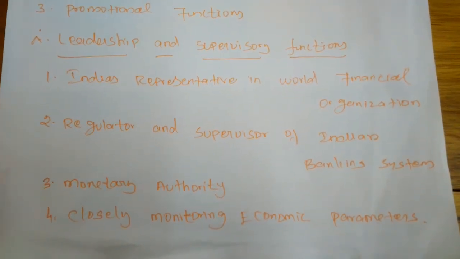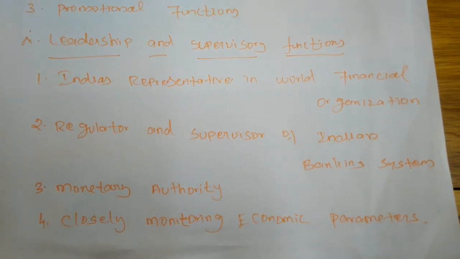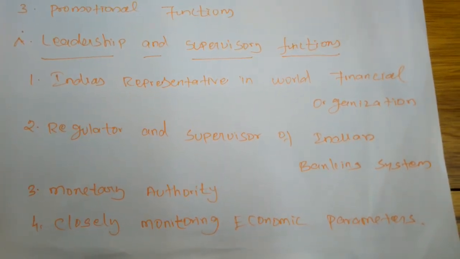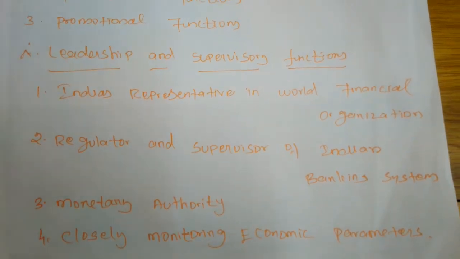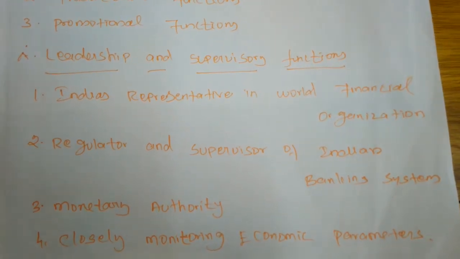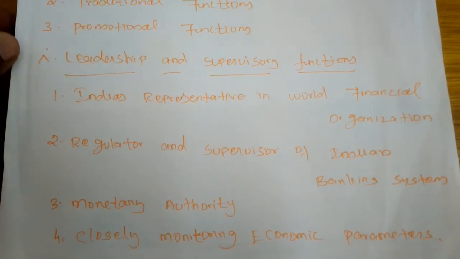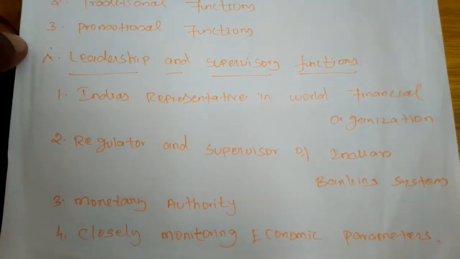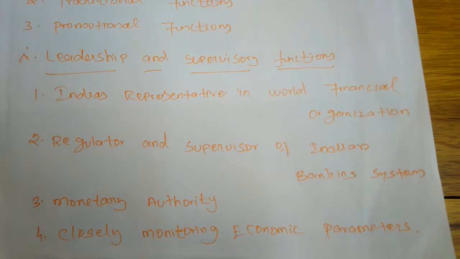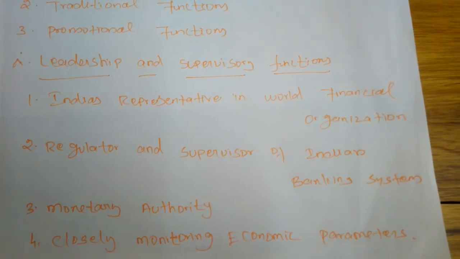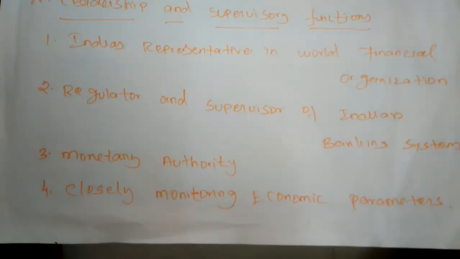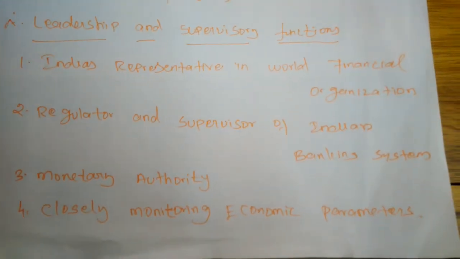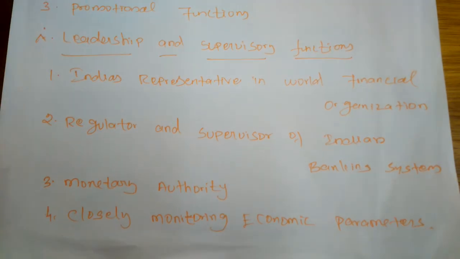Like all other nations, India can borrow money from world financial organizations such as the IBRD, World Bank, and the International Monetary Fund. But on behalf of the Indian government, the Reserve Bank of India only acts as a representative in world financial organizations.